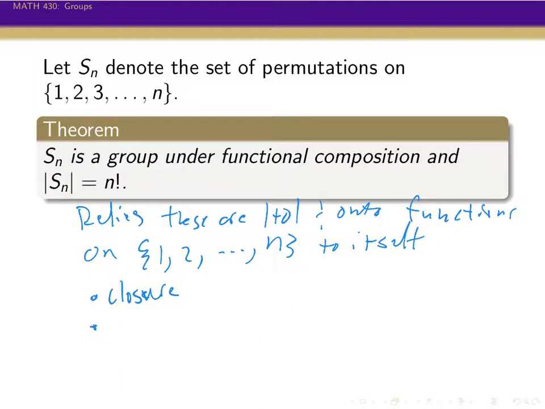Functional composition is always associative, right? You do it, it always ends up being the first one you applied first, then you plug that into the second one, then you plug that into the third one. So this is associative.